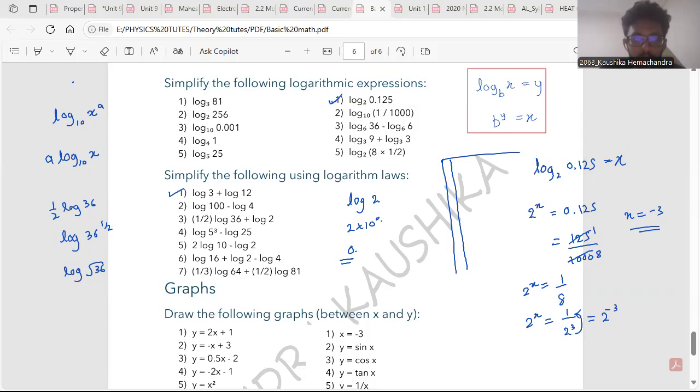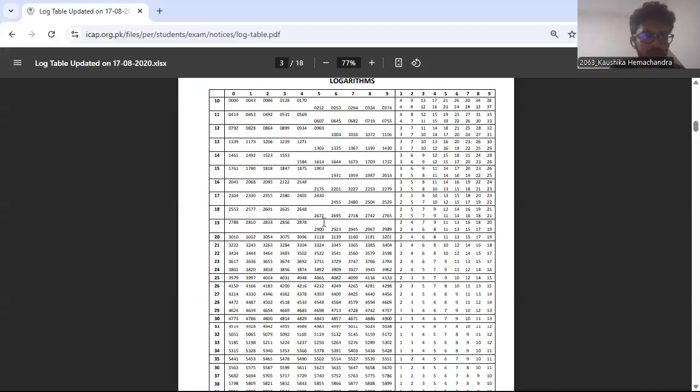Here I wrote the logbook. So log 10 of 2, that's what we are finding. There's no whole number power of 10 for 2, so you start off with 0 point, then you search for 2 from this column.